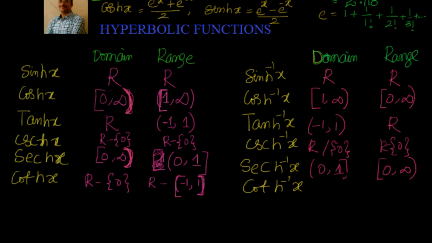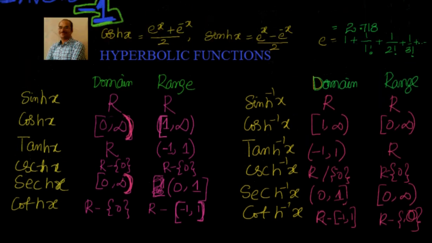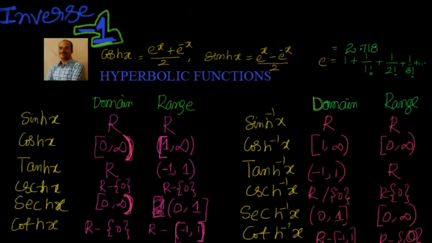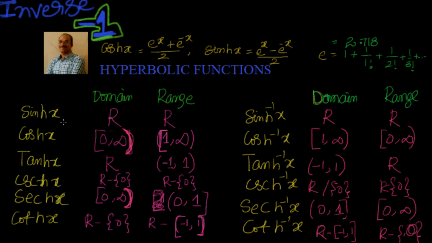Now drawing the graphs of this is pretty easy. We have drawn in detail sinh x, cosh x, tanh x. Now you take your x as y and y as x. You will be getting the graphs of all these functions because we have already adjusted the domain accordingly. Otherwise, even if you want to draw it, you can say y equal to sinh inverse of x.